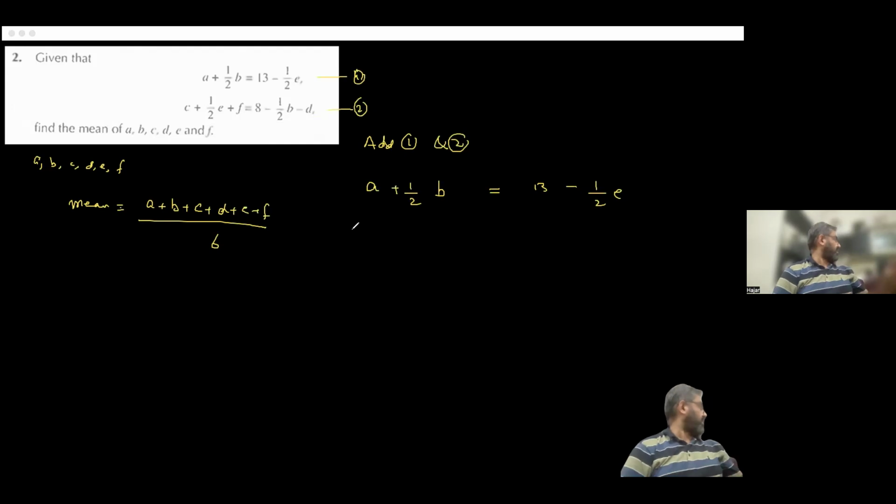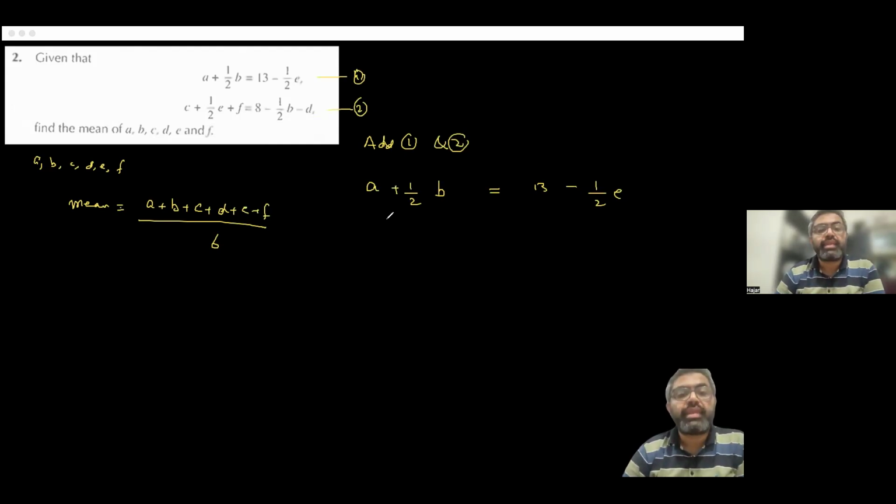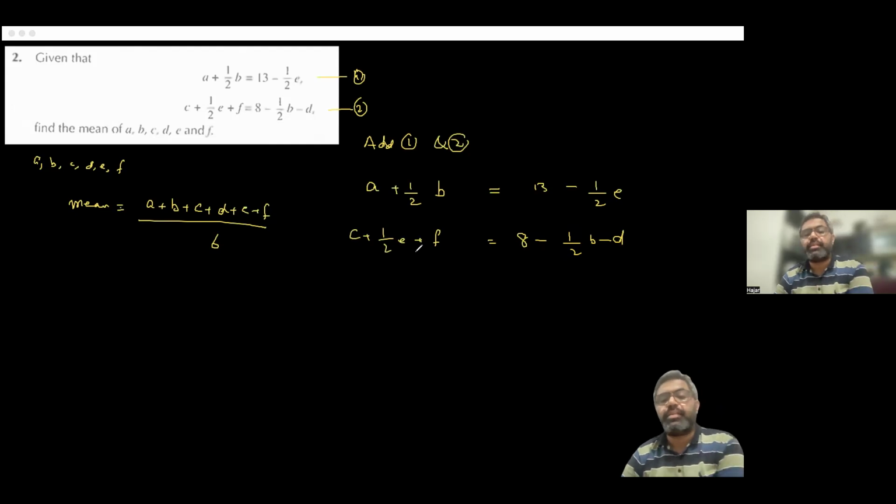So A plus half B, and then C plus half E plus F is equal to 8 minus half B minus D. First we add them and then we will rearrange these things.